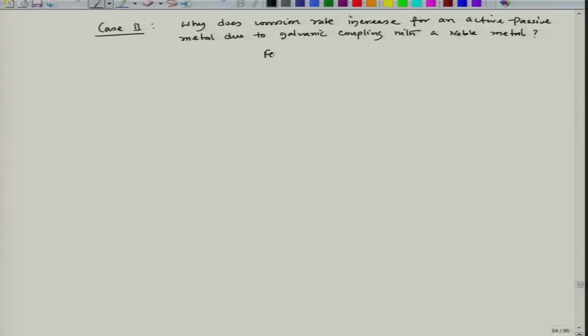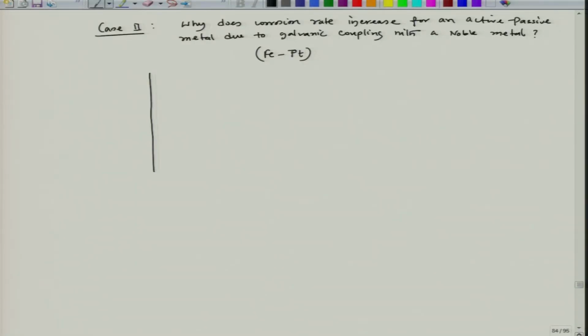Let us see a situation. This situation can arise in case of an alloy, let us say an iron platinum alloy, and here also platinum enrichment can take place if we follow the de-alloying concept. So, now let us say platinum enrichment takes place, and then what happens? Let us draw the mixed potential Evans diagram, which is E volt versus log I, in ampere per centimeter square.